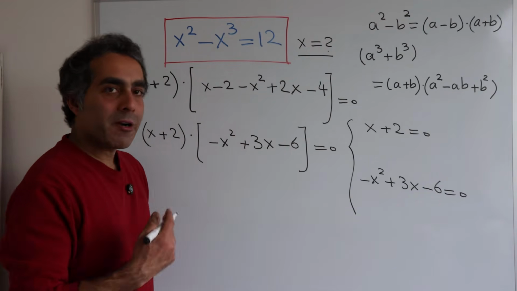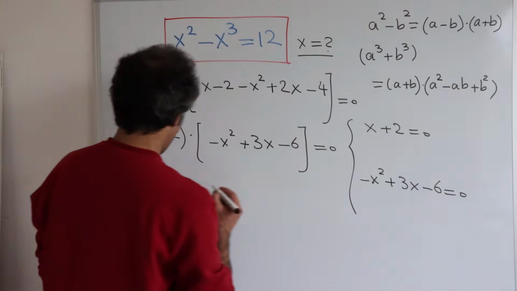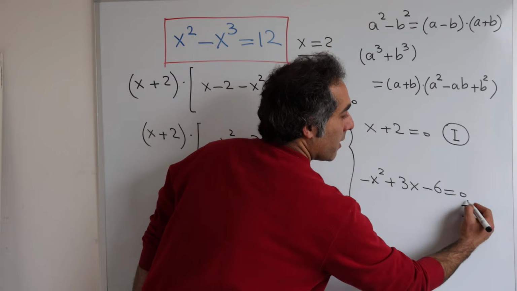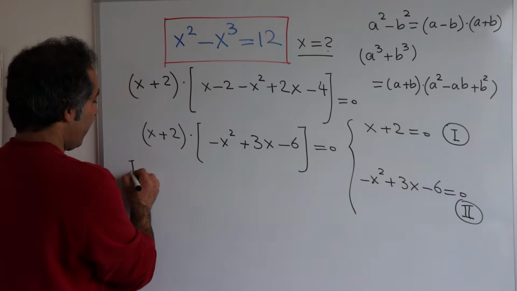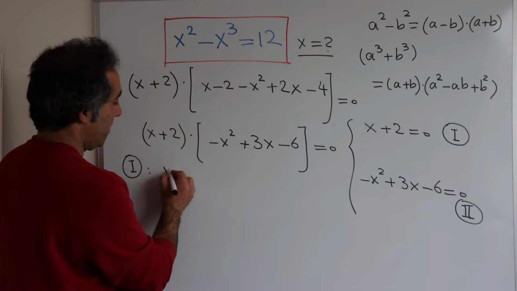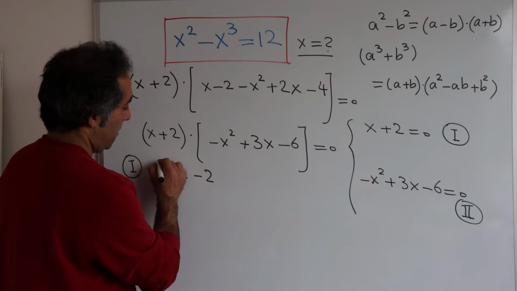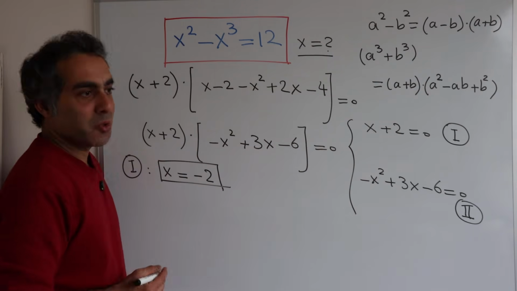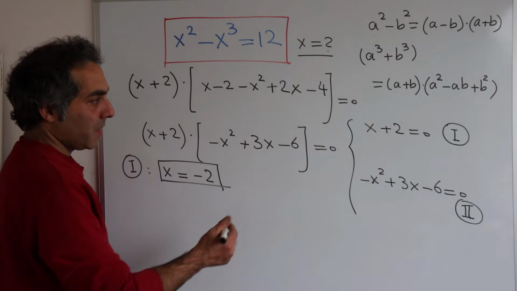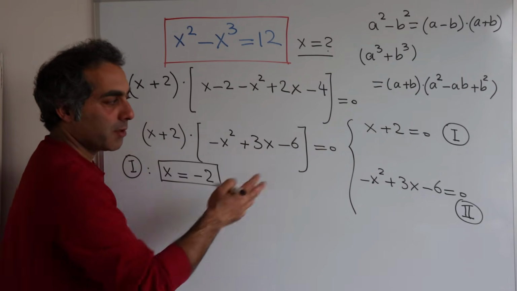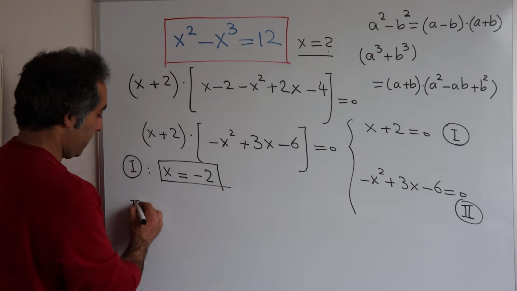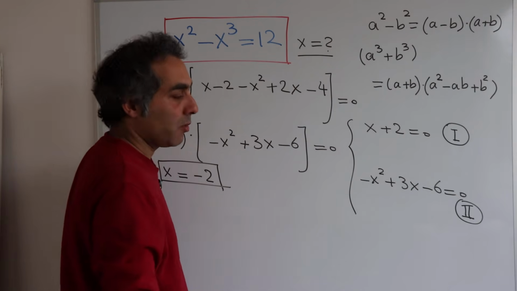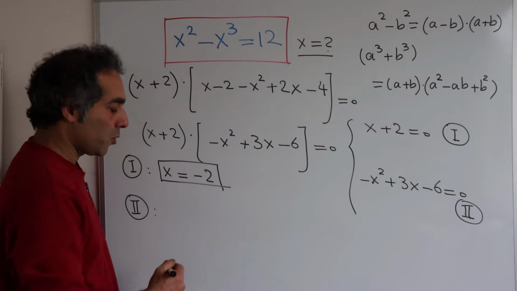The first one is very simple. I write it as the first equation and this one as the second one. For the first one, you can directly find out the value of x is minus 2. But for the second one, I can multiply everything by minus 1 and it's better, because we don't like a minus number behind the x squared.